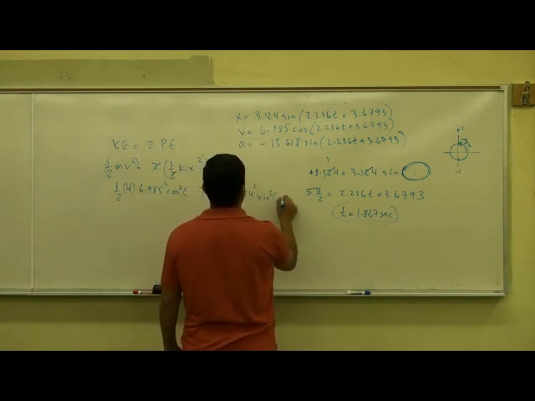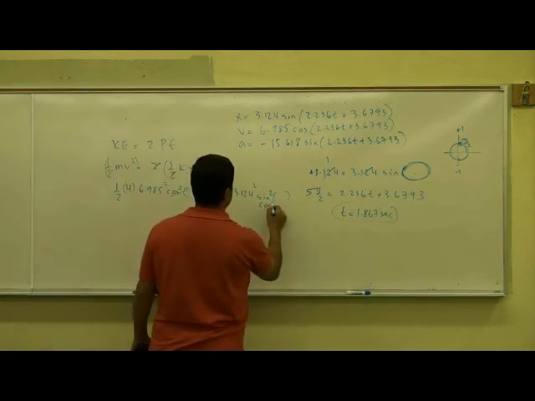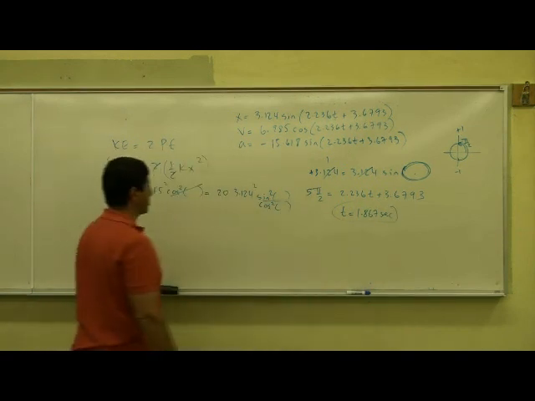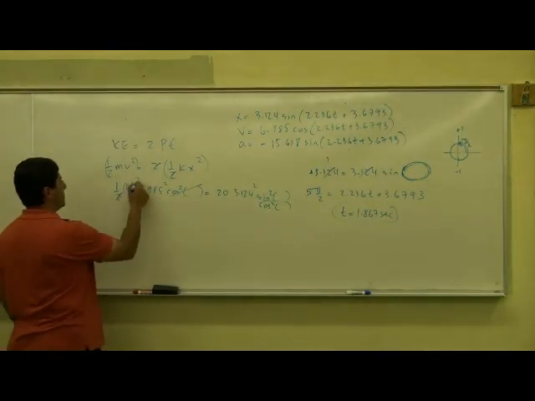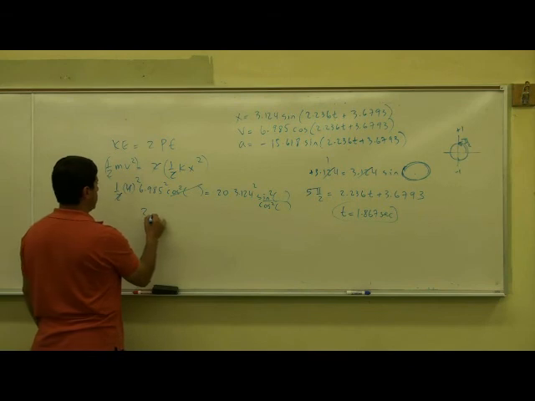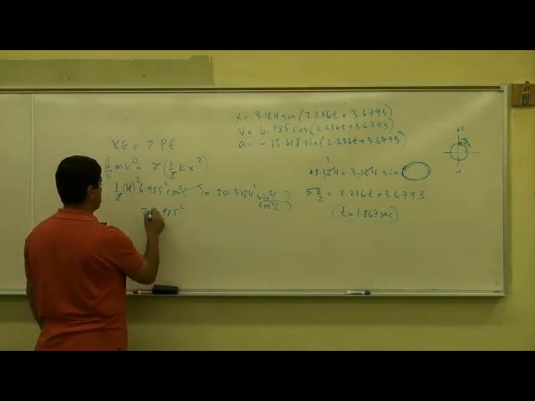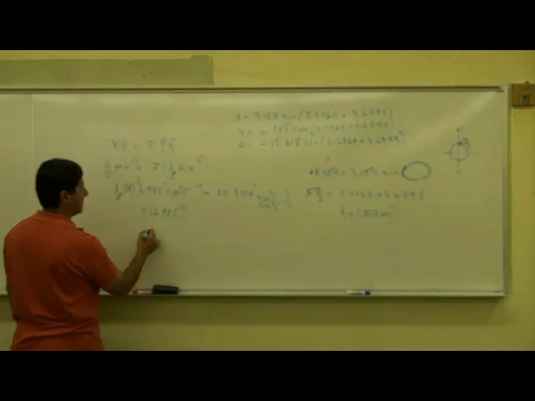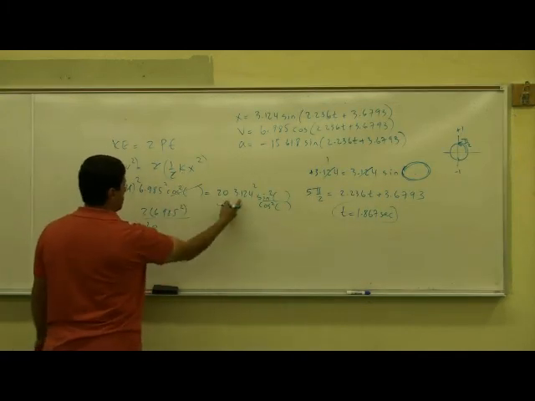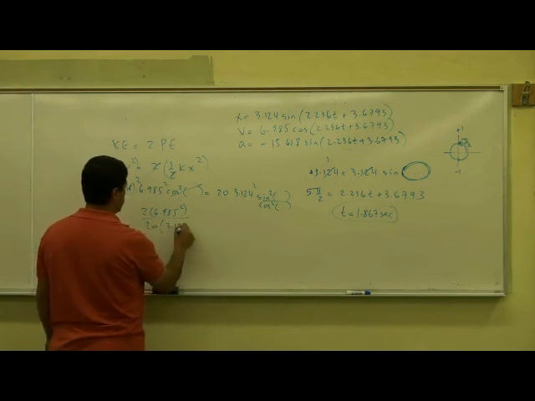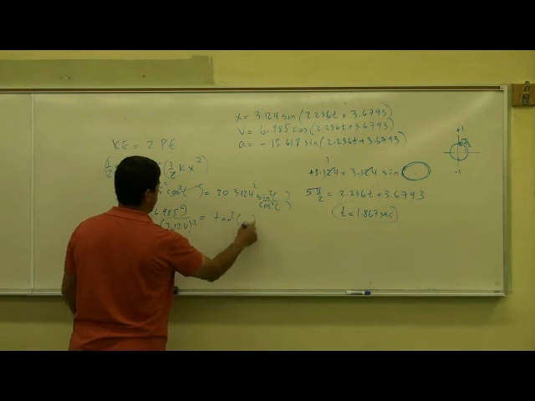Sine squared. Now if I divide both sides by cosine squared, I get tan squared. And I could take all this stuff, bring it over here. So I have here 2 times 6.985 squared divided by 20, which was the K, and then the 3.124 squared is equal to tan squared.